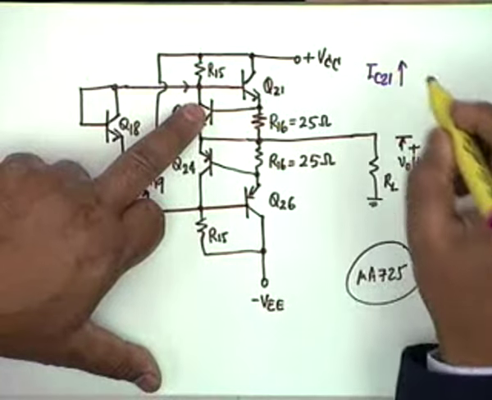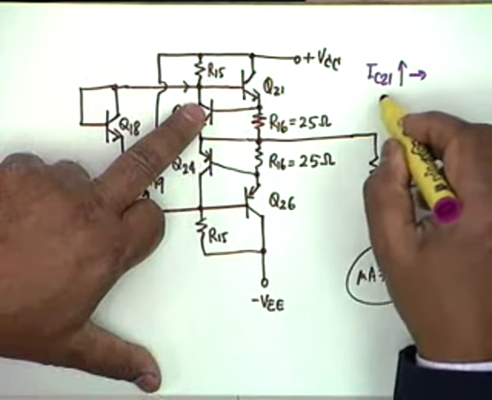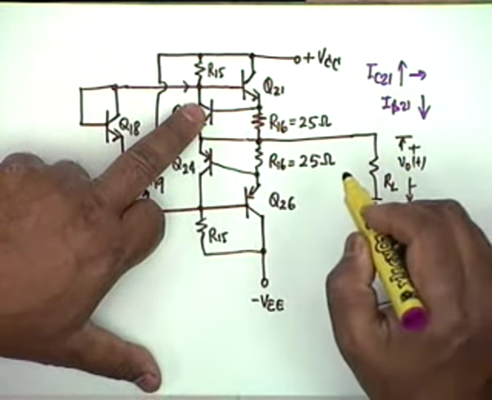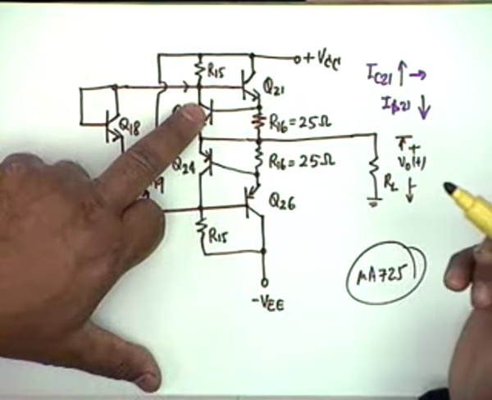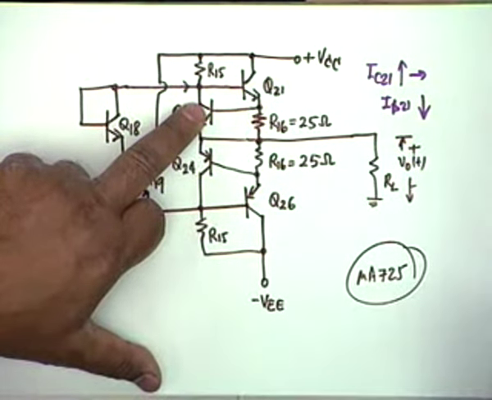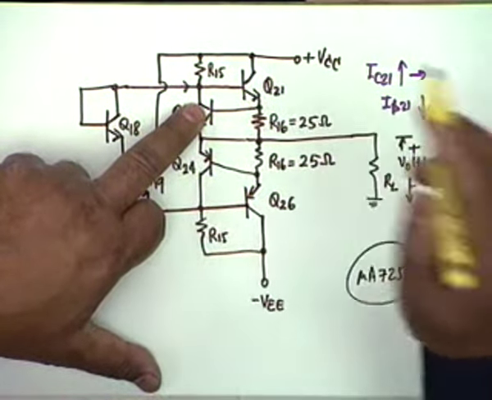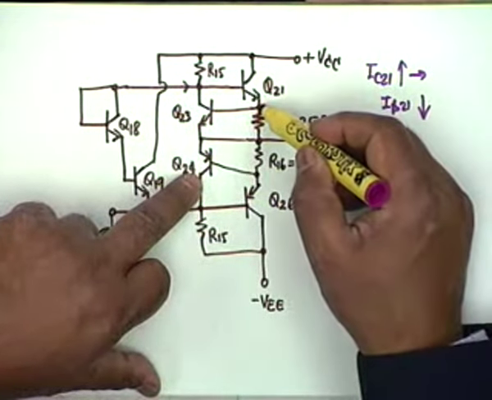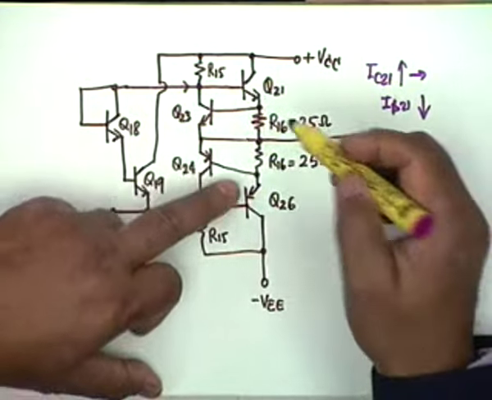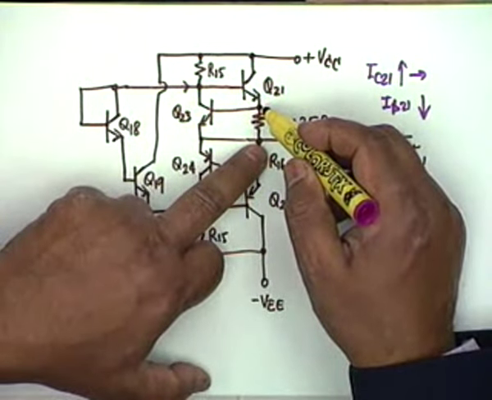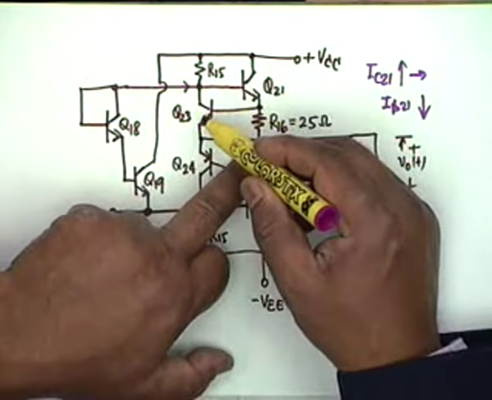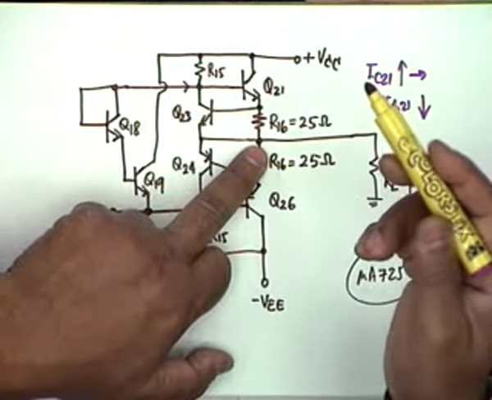Therefore when IC21 increases, IB21 decreases, and if IB21 decreases, IC21 also decreases. All right, which means that this voltage is limited to approximately 0.7, taking Q23 into the active region.